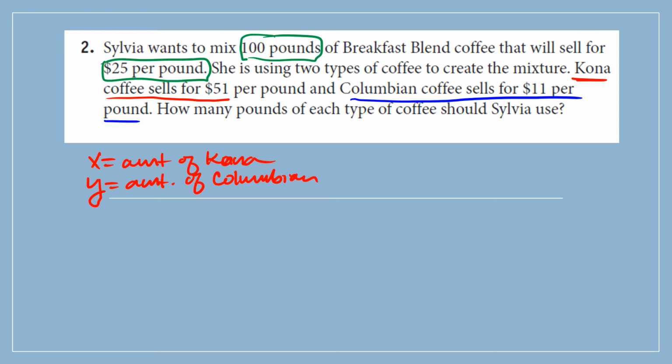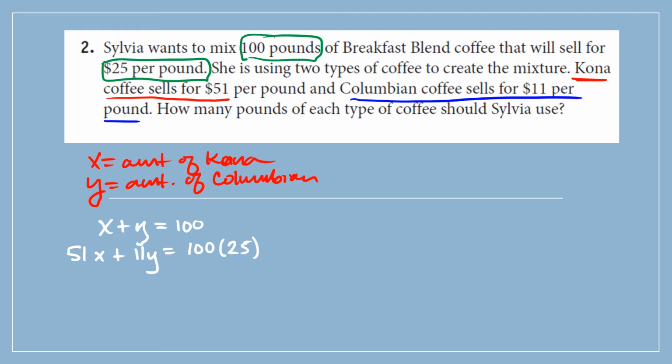So hopefully you came up with the amount of Kona plus the amount of Colombian needed to equal 100 pounds, because that's how much she wants to make. Then we've got to put the details in here. So the Kona sells for $51 a pound. The Colombian sells for $11 per pound, and my whole mixture, my 100 pounds of mixture, is going to sell for $25 a pound.